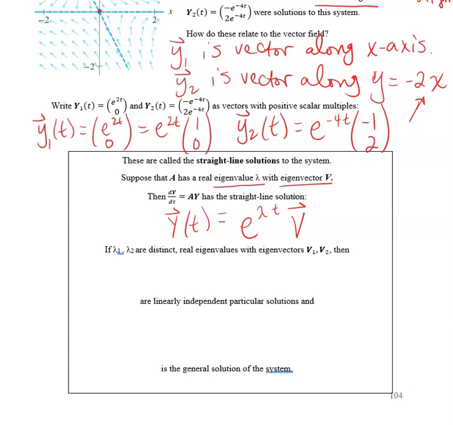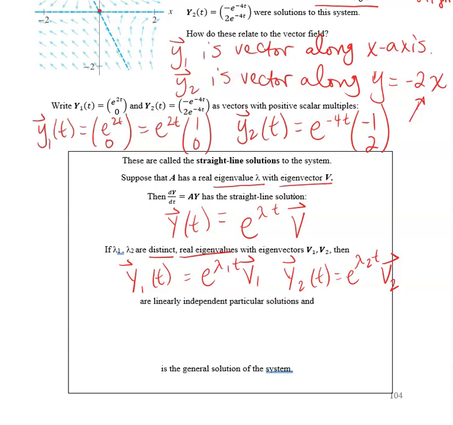If lambda 1 and lambda 2 are distinct and real eigenvalues, because we'll have some other scenarios later, but right now, if they're distinct and real eigenvalues with their corresponding eigenvectors, then particular solutions would follow this same format. It would be e to the lambda 1 t times the eigenvector for that one, and then the other solution, y sub 2, would be e to the lambda sub 2 t times that corresponding eigenvector.